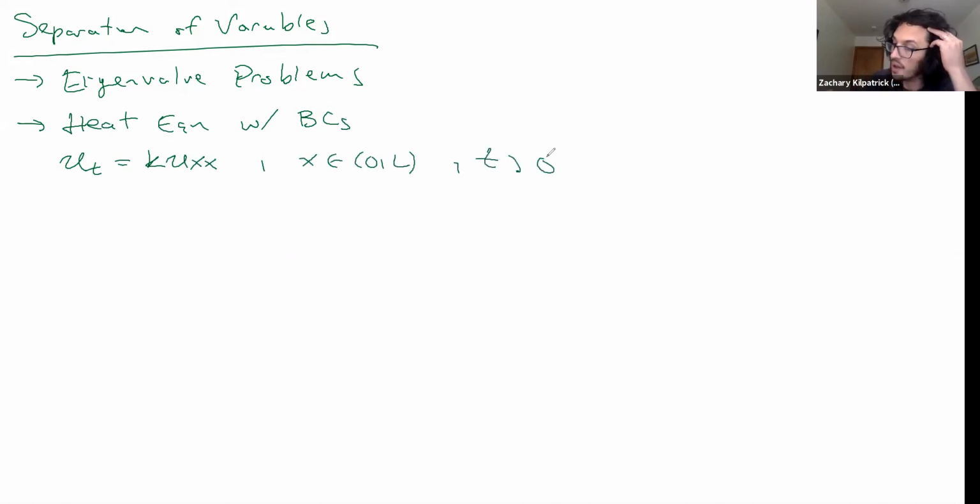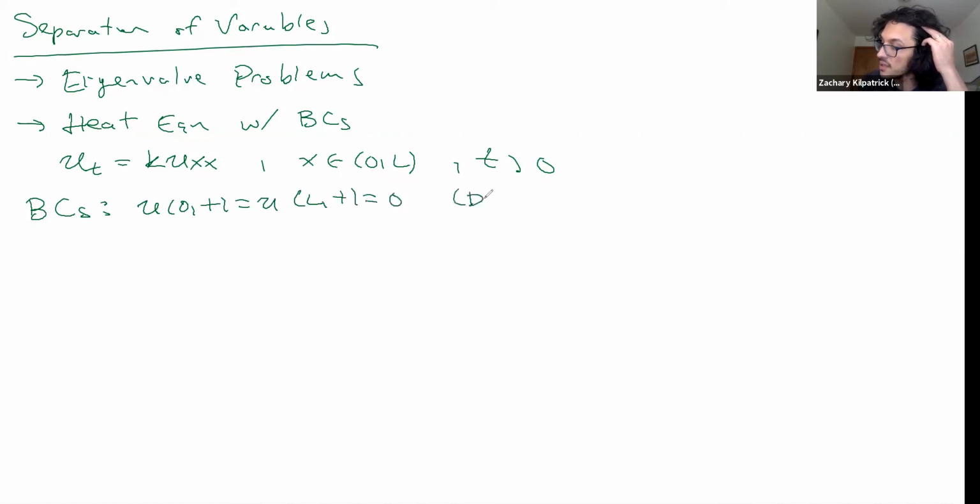Then our BCs could be u(0,t) = u(L,t) = 0. This would be called Dirichlet boundary conditions. They could be Neumann.